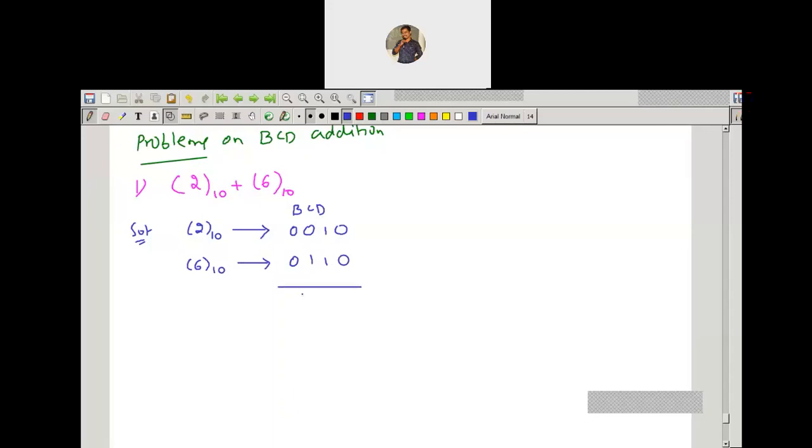Now you can do the normal binary addition here. 0 plus 0 will be 0 only. 1 plus 1 is 2, that is 0 with carry 1.